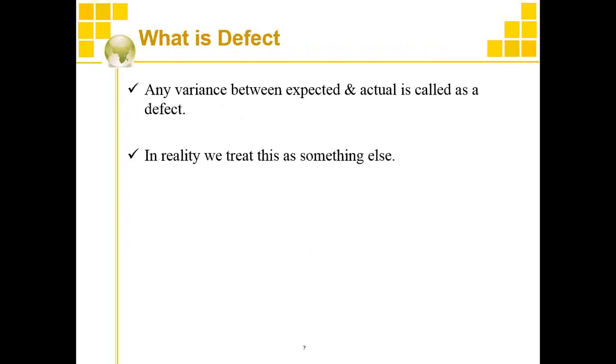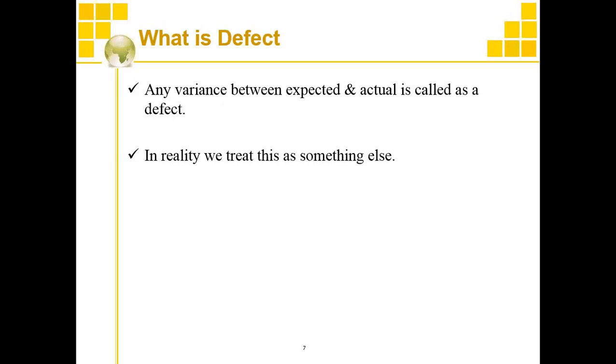Next is, what exactly is a defect? Any variance between the expected and the actual is called a defect. Suppose I give an example: you are doing a registration with one page. When you enter the data, you find the actual value should be, for example, in the contact number field, 10 digits, right?